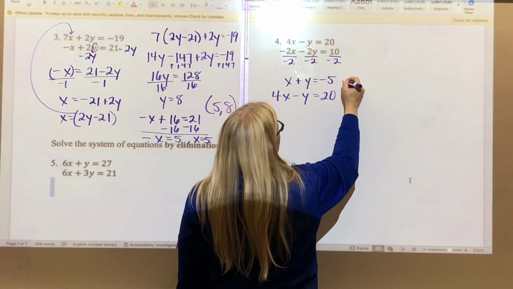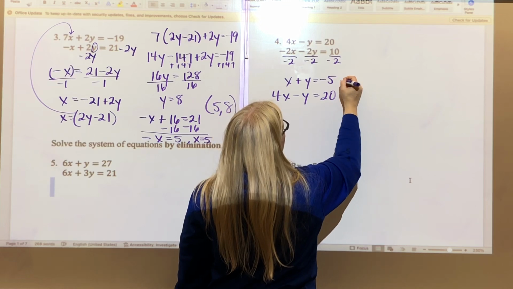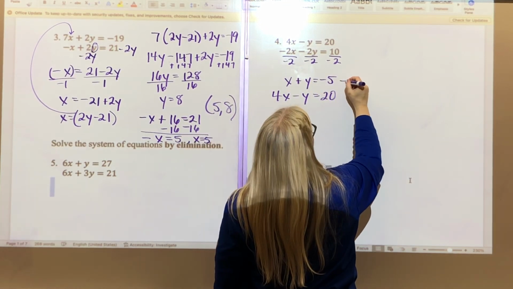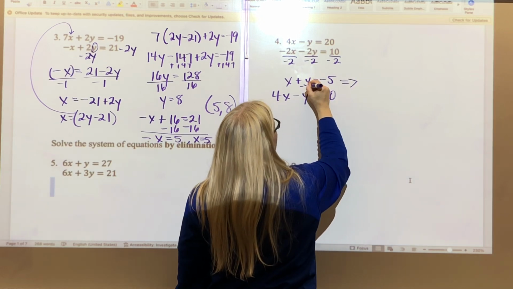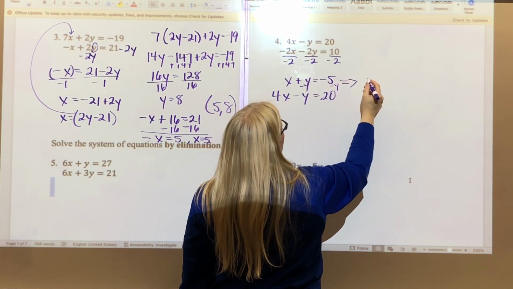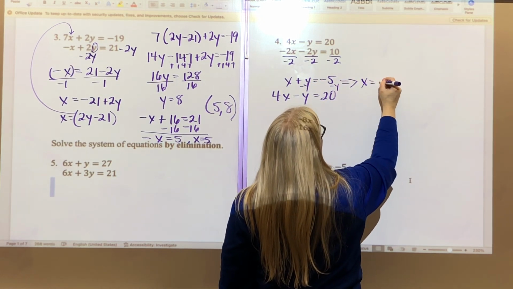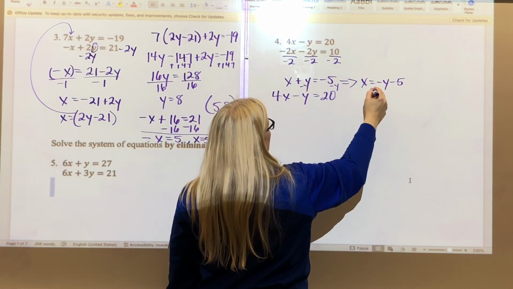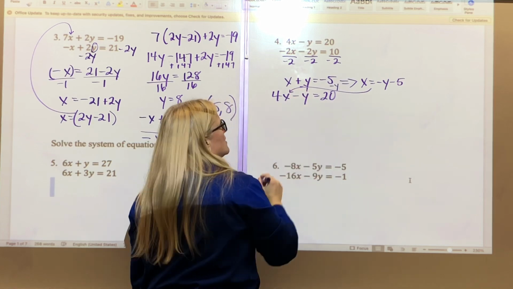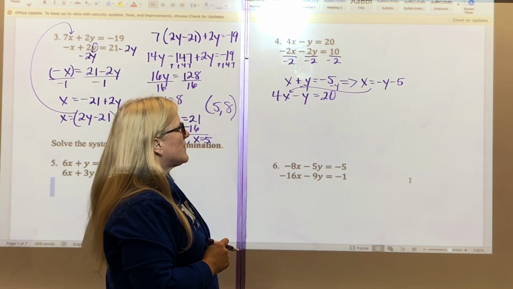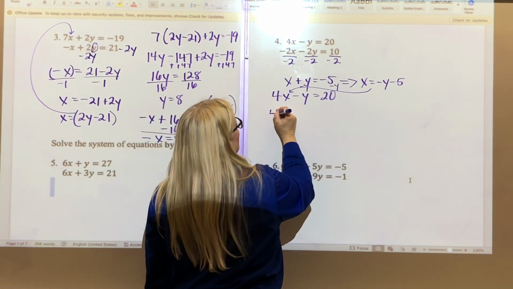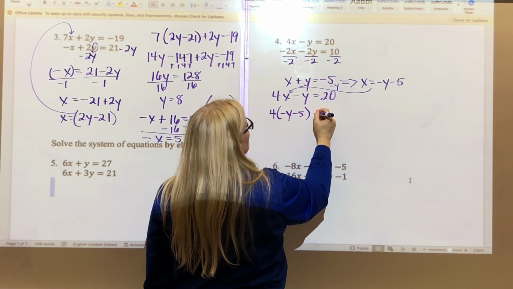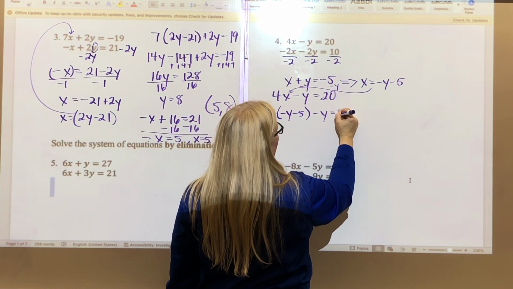So if I change this one, let's get x by itself. We subtract y from both sides, and we get x equals negative y minus 5. And that's going to get plugged in to here. So 4 times (negative y minus 5) minus y equals 20.